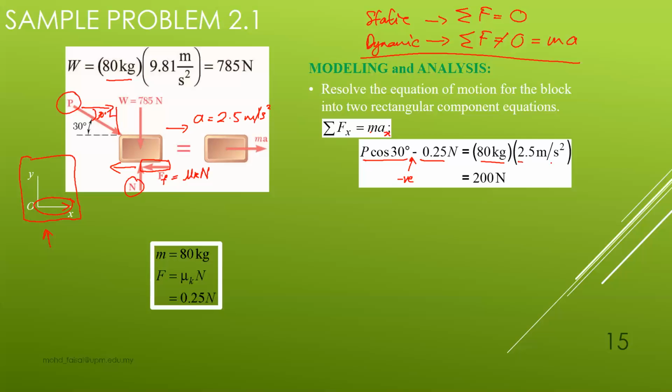So this is the a_x. And if you solve this, you will get 200 N.